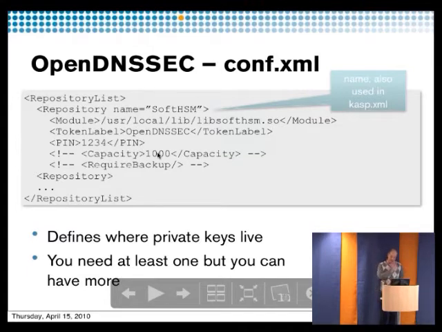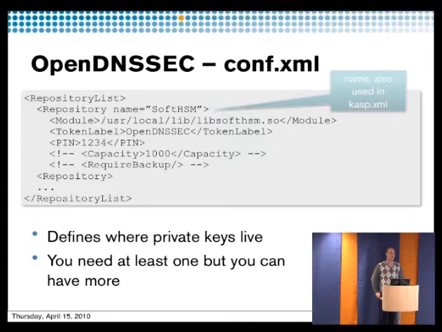The first one is the capacity, meaning that, for instance, if you have an HSM that's limited to 1,000 objects, then OpenDNSSEC won't create more than 1,000 objects. And this is a soft limit in order for OpenDNSSEC to quit gracefully or give you a nice warning message, because in PKCS 11 there's nothing to signal back to the application that now it's full.